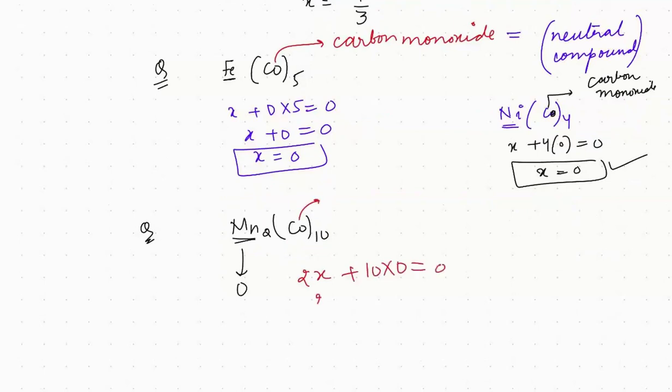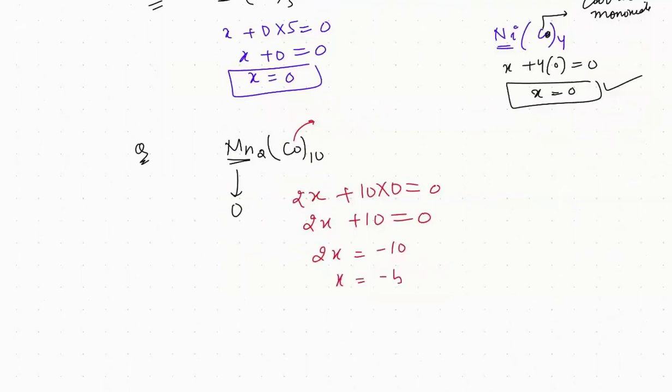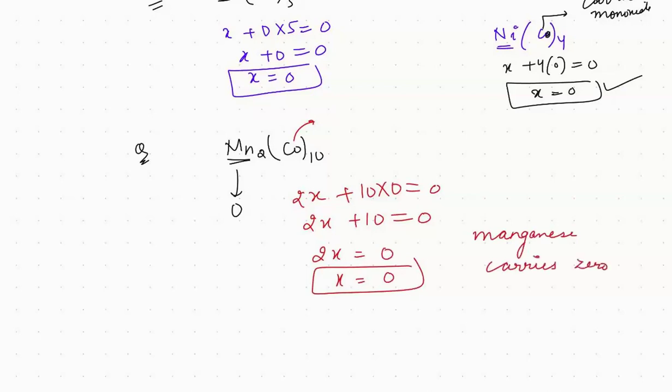So 2x plus 0 is going to be 0. So x is going to be 0. That means manganese in the metal carbonyl carries 0 charge. Got the point?